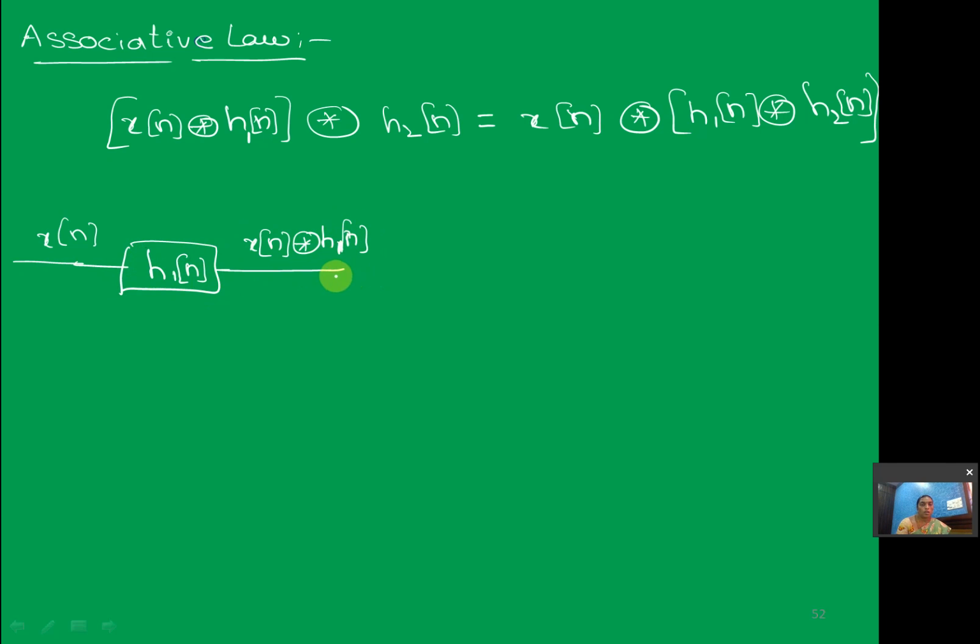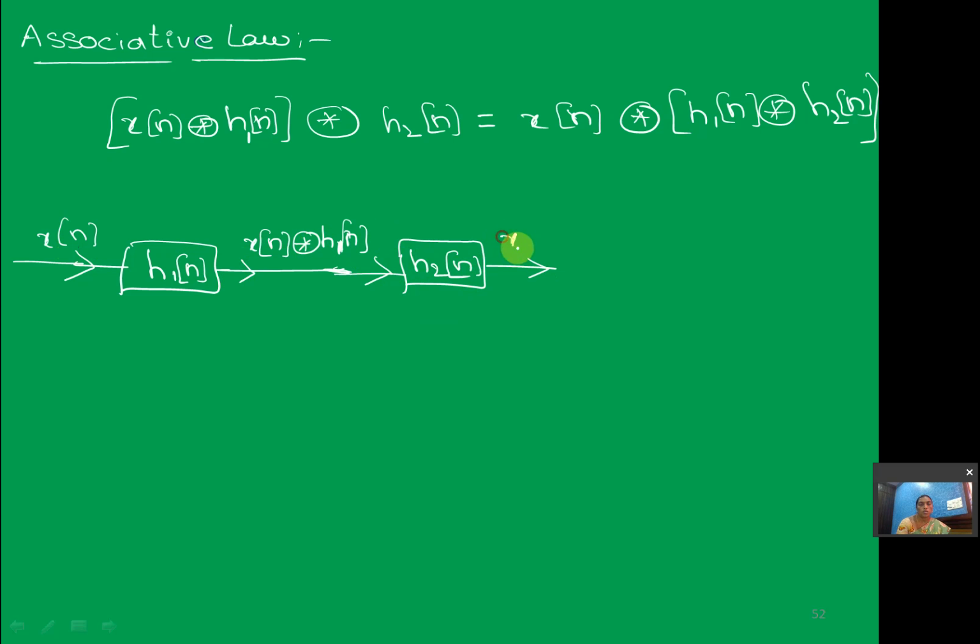Now if I apply this output to another system, h2(n), the output of this system is the input convolved with h2(n).